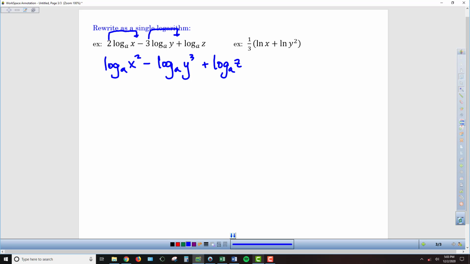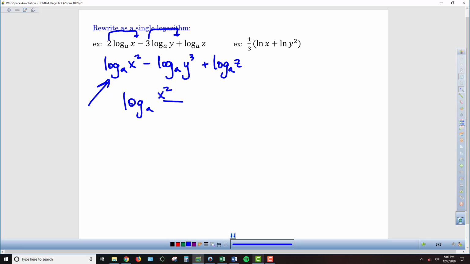And so now I have this sum and difference of these various logs. I'm going to rewrite this as a single logarithm, and whatever pieces are negative are going to end up in my denominator, and whichever pieces are positive are going to end up in my numerator. So to start off with, the first term here is positive log base a of x squared, so I'm going to have an x squared in the numerator.